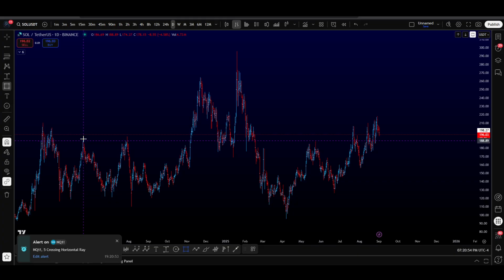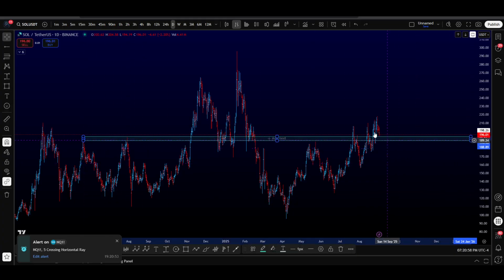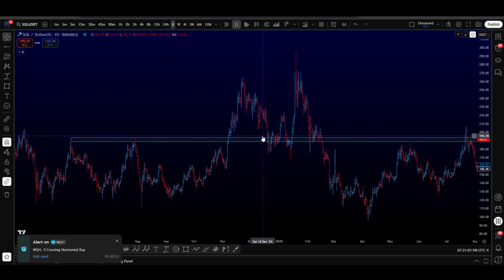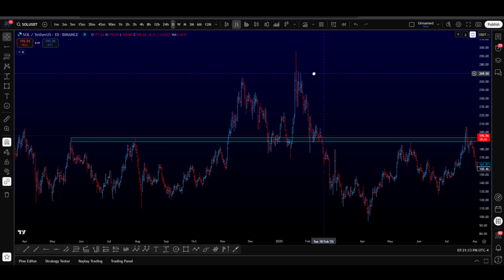Let's just say you pull the box here, pulled it there, pull it all the way across. You'll see this one's a little less clean, but it still does work, right? So price stalled before reaching there, broke through, came down, chopped around this area for a bit before impulsing higher, chopped around a bit before impulsing higher.